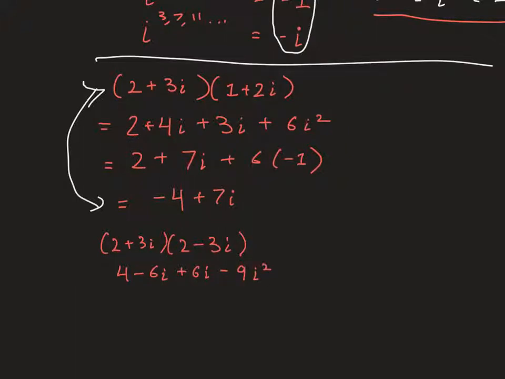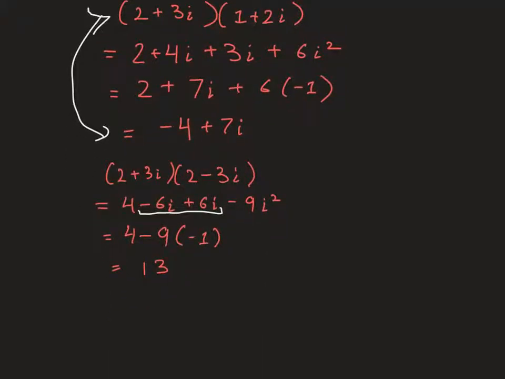And these two cancel out, so you get 4 minus 9 times negative 1, because we see the i squared. And this is equal to 13. And this is cool because you have two complex numbers being multiplied and giving you a real number, which is much simpler than the complex numbers.